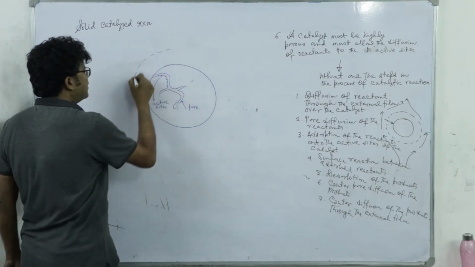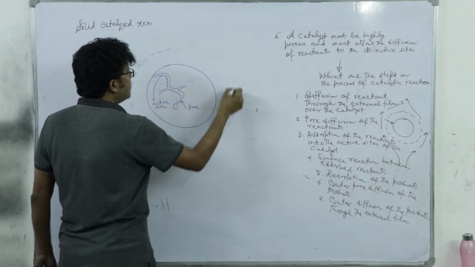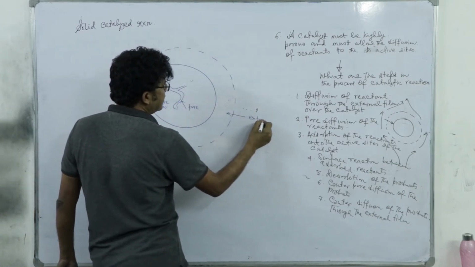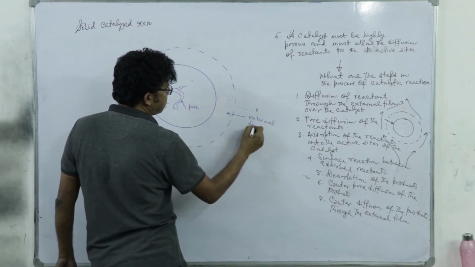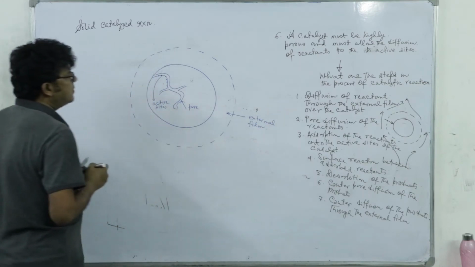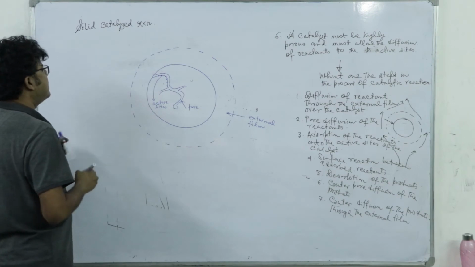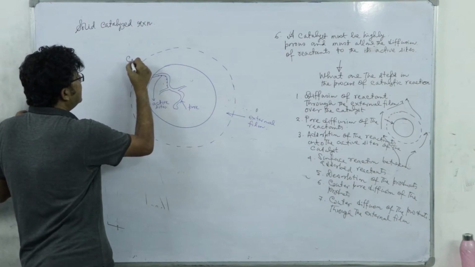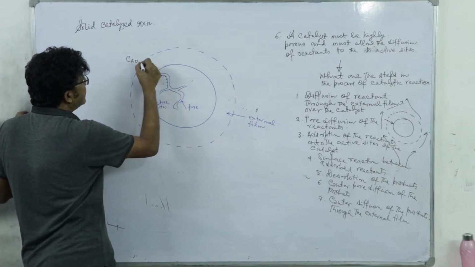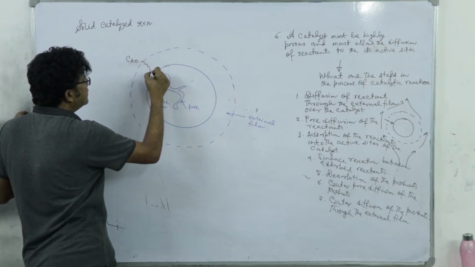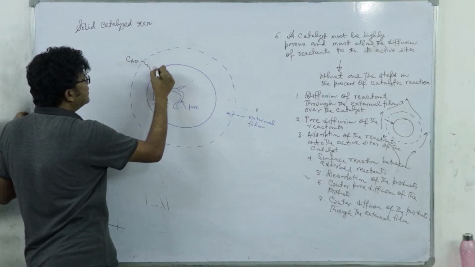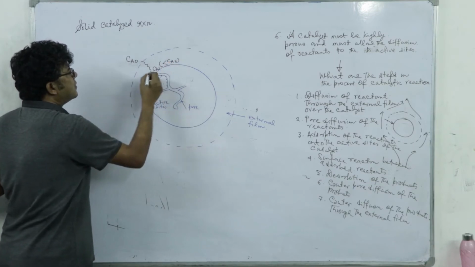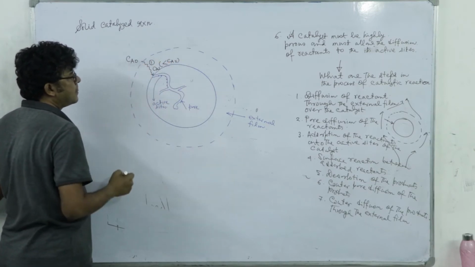And we have an external film. Now what happens? Here we have a concentration Ca0. So it diffuses here. Definitely there must be a concentration gradient. So this is process 1.